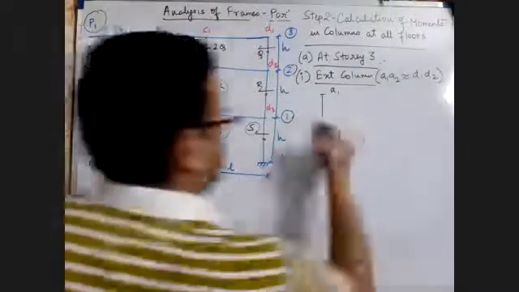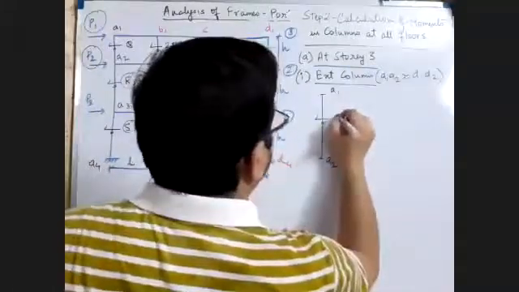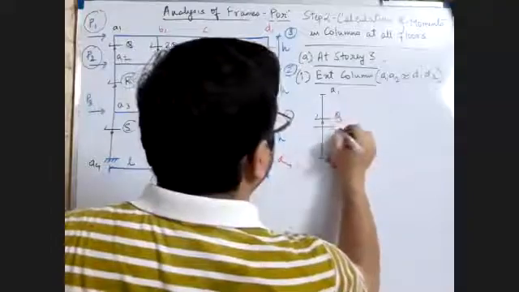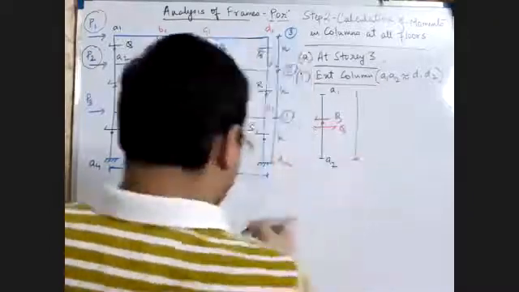Now at this point of contraflexure, we are getting Q, Q. We all know that this height is h by 2.